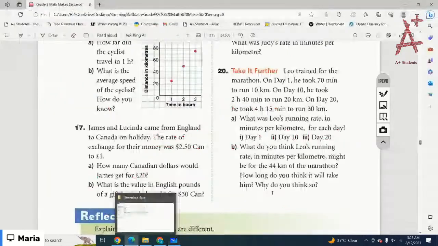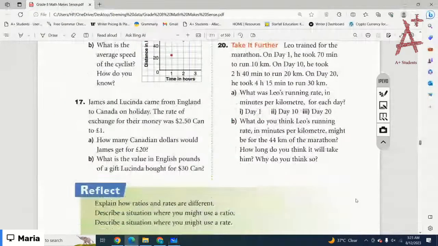Okay, the B part is, what do you think Leo's running rate in minutes per kilometer might be for 44 kilometers? You have 30 kilometers. Until 30 kilometers you are given, that is 4 hours 15 minutes, right? So you have to calculate your time for 44 kilometers.